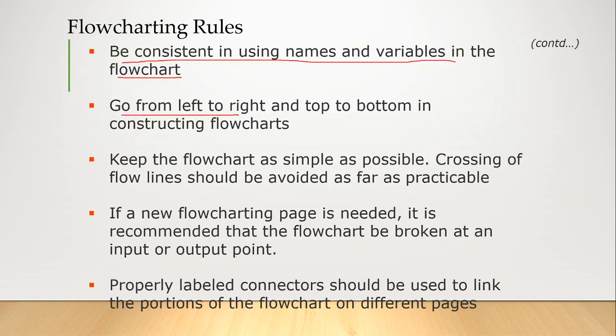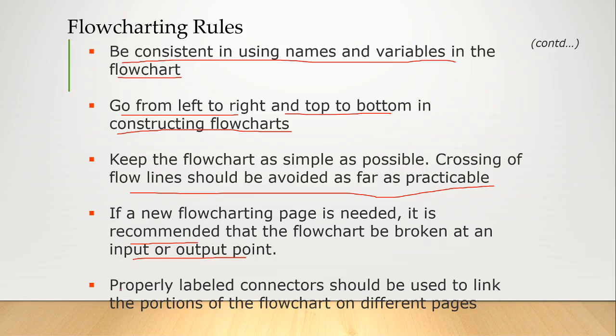Go from left to right and top to bottom in constructing the flowchart. Keep the flowchart as simple as possible. Crossing of flow lines should be avoided as far as practicable. If a new flowcharting page is needed, it is recommended that the flowchart be broken at an input or output point.